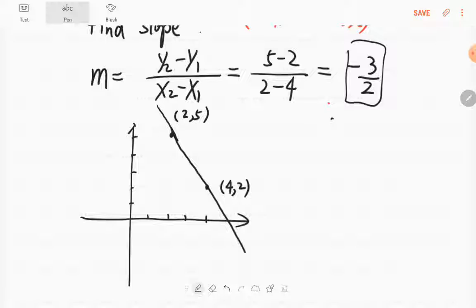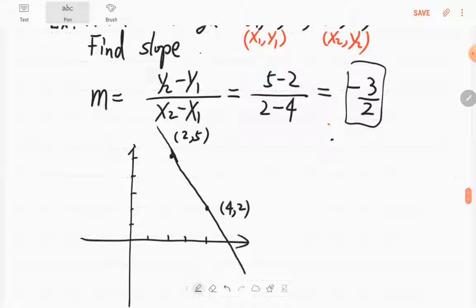You can write it as negative 3 over 2. That means the rise is negative 3, so let's go down 3 units: 1, 2, 3. The denominator is 2, so increase by 2 units: 1, 2. Then it will be here, right?